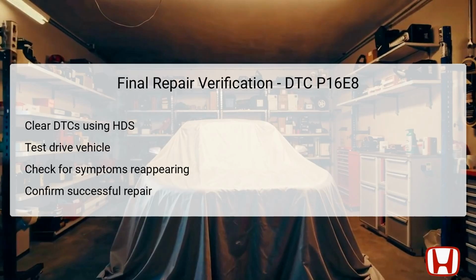Prior to concluding, a recheck for any DTCs via the HDS will help confirm whether the repairs are successful and whether the vehicle has returned to its optimal operational state. A successful clearance indicates that communication with the PCM has been restored and the P16E8 code will no longer be active.